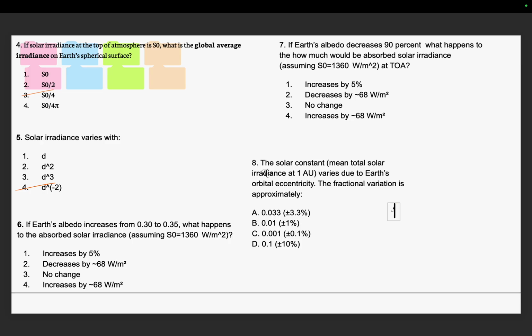We have S0 incoming, and the absorbed fraction is 0.7 and 0.65.